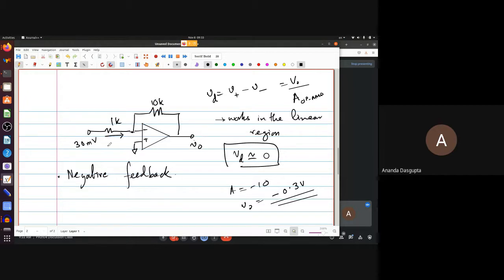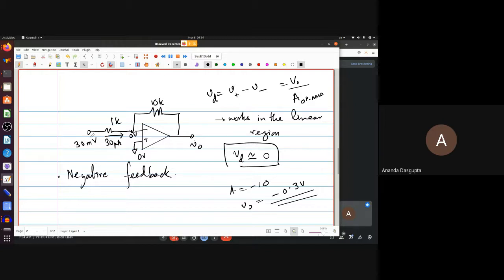So how much is the current here? 30 microamperes. Yeah, that's 30 microamperes. And how do we know? We know because 30 millivolts is the voltage here. But that's not all. The important thing is, this point is really at ground. So for the time being, I'm leaving aside the question of what you need for virtual ground. Let's assume that virtual ground really has occurred. So if this is 0 volts, this is 0 volts.